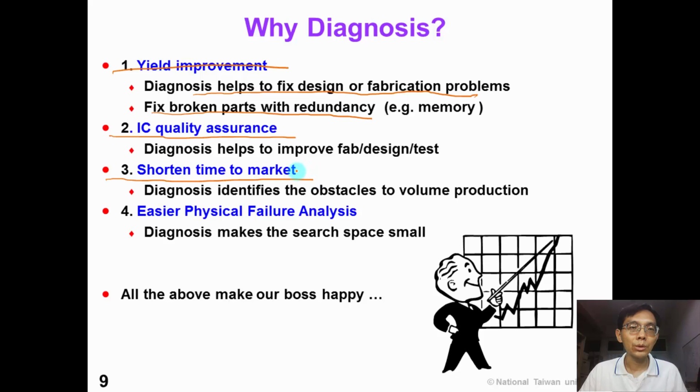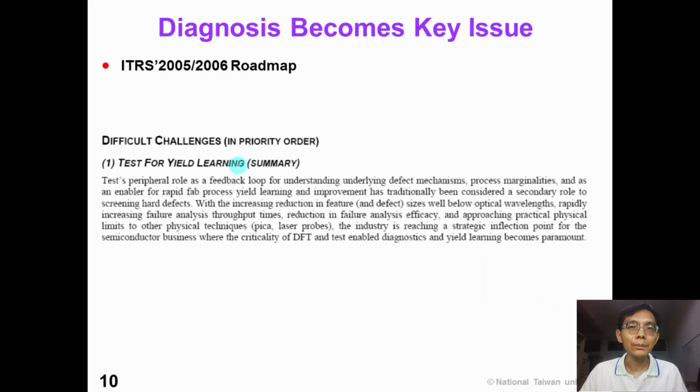Number 3 reason, we want to shorten the time to market because diagnosis can identify the obstacle to volume production. Number 4 reason, we want to make physical failure analysis easier. All of the above makes our boss happy. Diagnosis has become one of the key issues in modern technology. In the ITRS 2005 roadmap, it shows that test for yield learning has become one of the top difficult challenges.